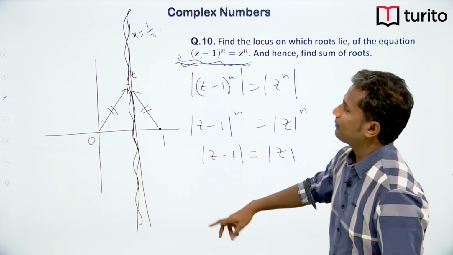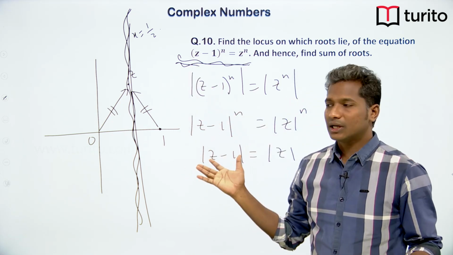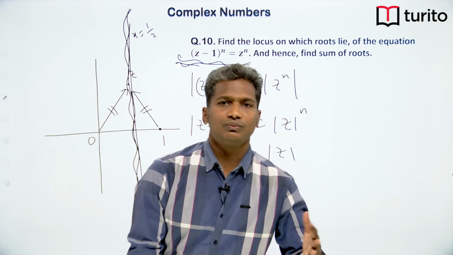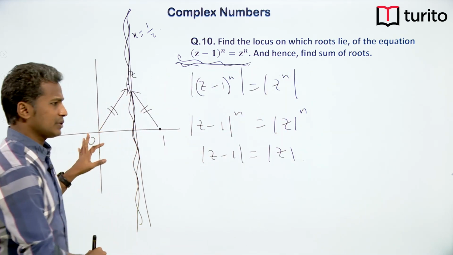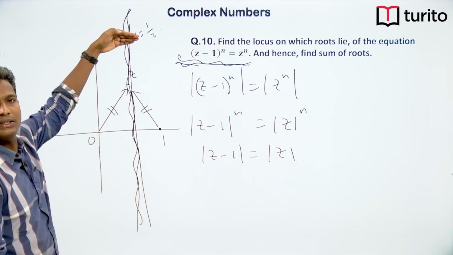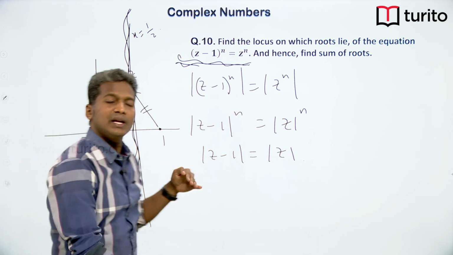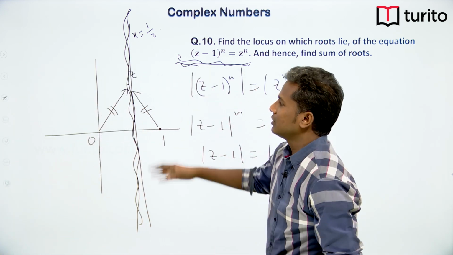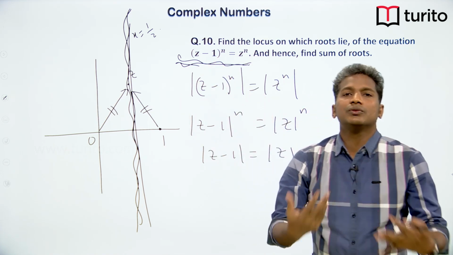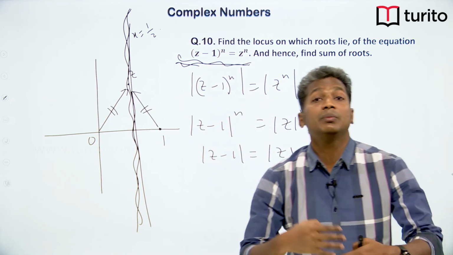So, n minus 1 roots are there and every root will have real part 1 by 2. Now, if there are, let us say, 9 roots above the real axis, there will be 9 roots below the real axis also, because the equation is a real equation. If complex roots come, they have to come as conjugate pairs.